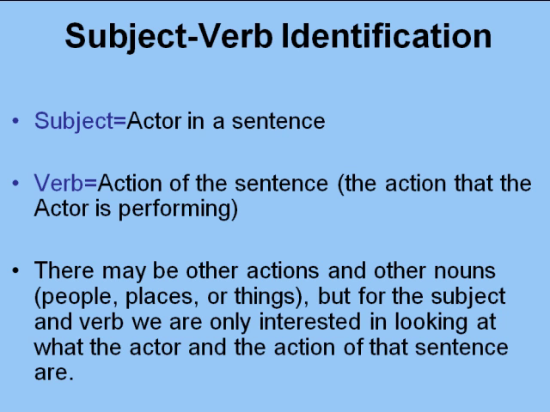It's the person, the thing, the activity that's performing the verb, the action of the sentence. It's possible that there are other things that look like actions in the sentence, and other nouns that are not actually performing that action. But for subject-verb identification, we're only interested in what the actor and the action of that sentence are.